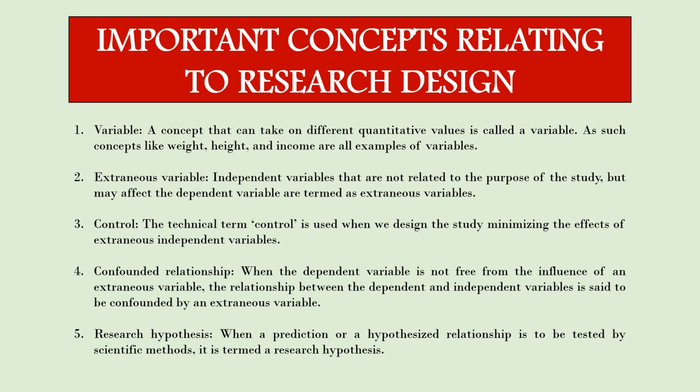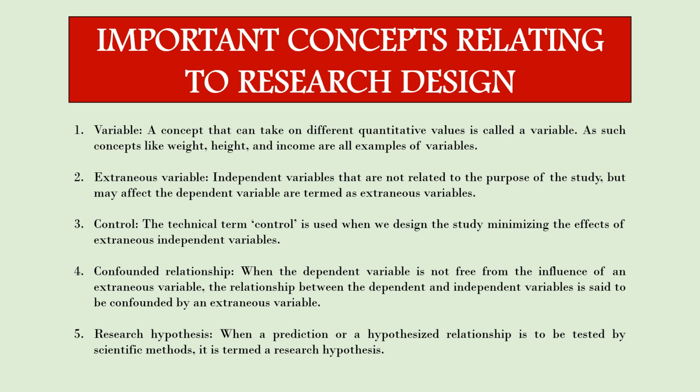This term is used when we design the study minimizing the effects of extraneous independent variables. And in experimental researches, the term control is used to refer to restraining the experimental conditions.